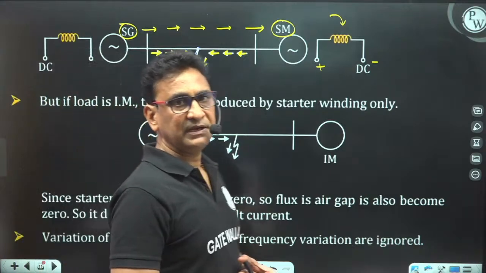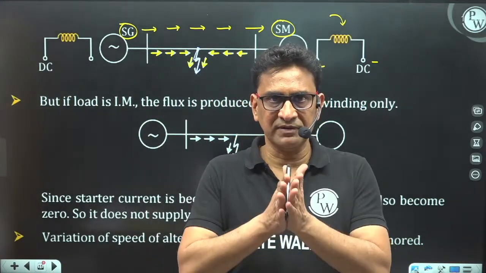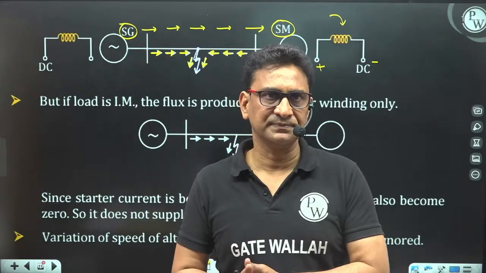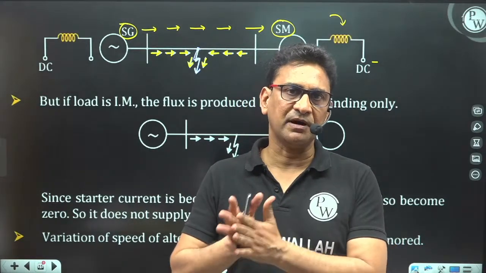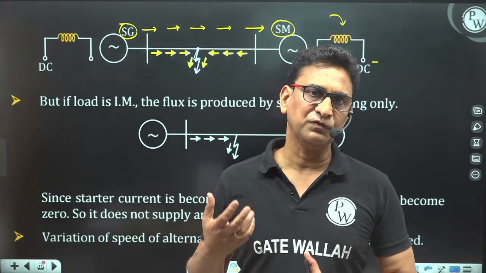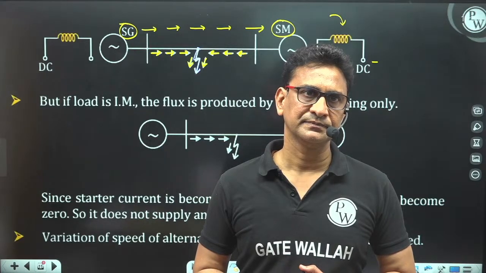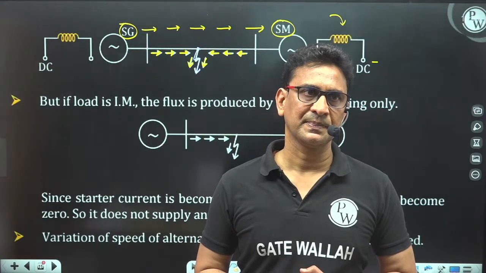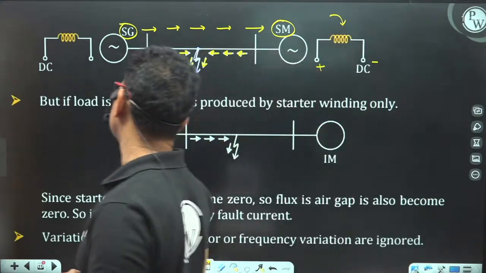Suppose an induction motor is present, whether this induction motor will convert into an induction generator or not. Can anybody tell me? If in the power system an induction motor is present during faulty time, what happened to the induction motor?